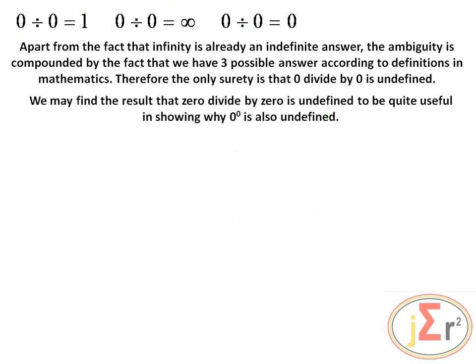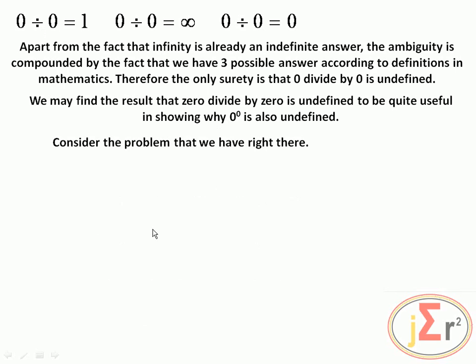We may find the result that 0 divided by 0 is undefined to be quite useful in showing why 0 raised to the power of 0 is also undefined. So, the fact that 0 divided by 0 is undefined may be used in showing why 0 raised to the power of 0 is undefined.